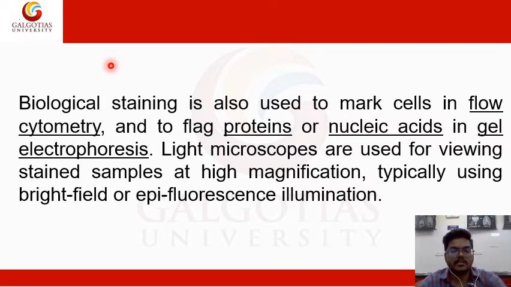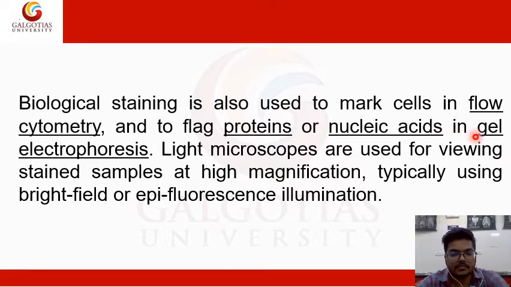Gel electrophoresis is basically a molecular technique, and staining is an integral part of that electrophoresis. By staining we can dye different types of protein like albumin and globulin, and nucleic acids like adenine, thymine, guanine, and uracil in gel electrophoresis.